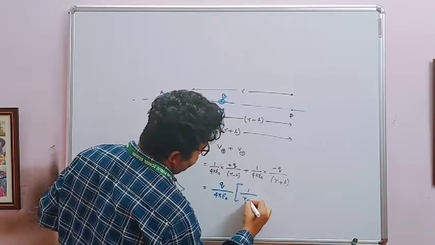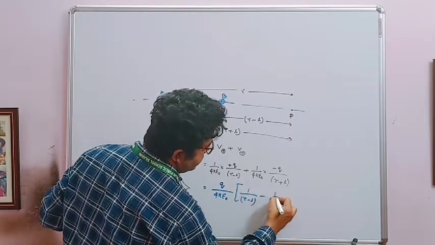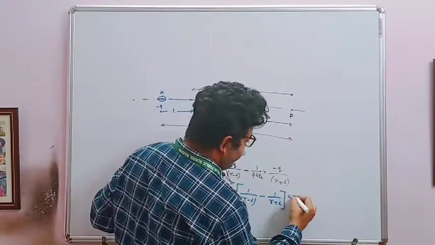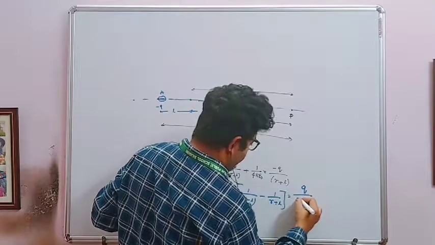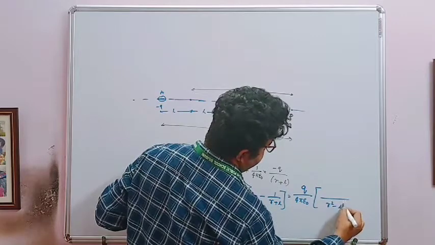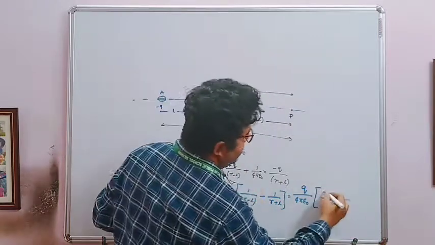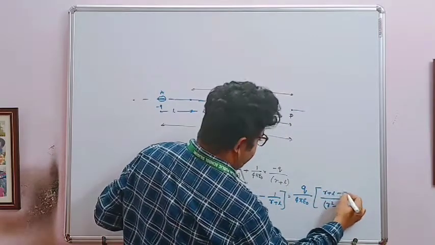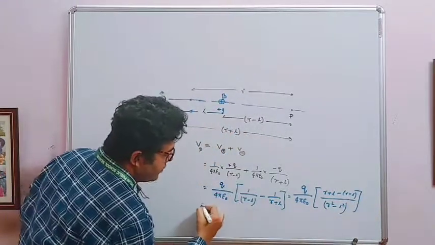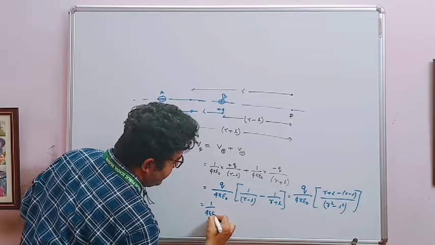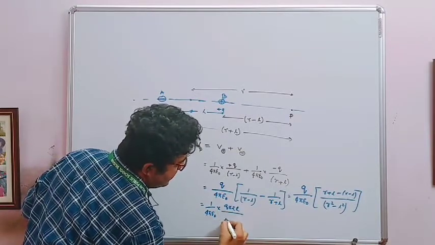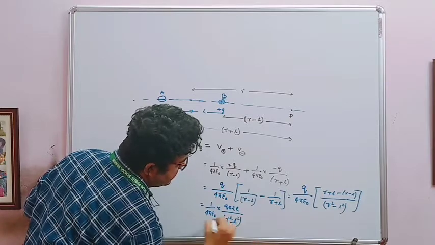So what we have is q by 4 pi epsilon naught times r plus L minus r minus L over r square minus L square. The minus and minus cancel, and we have 1 by 4 pi epsilon naught times q into 2L by r square minus L square.